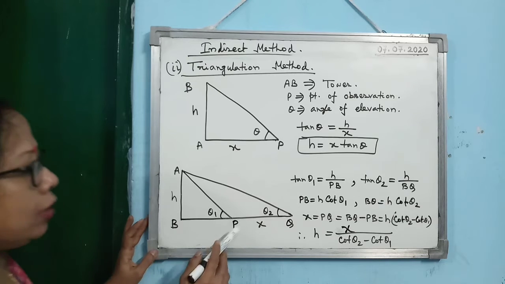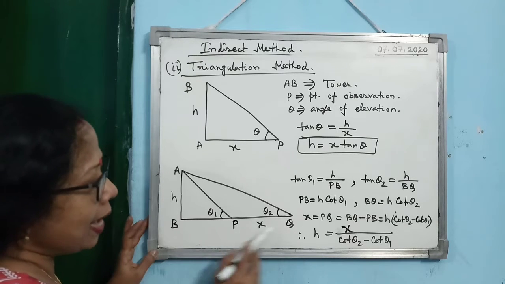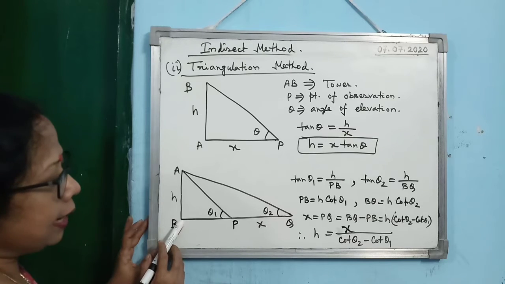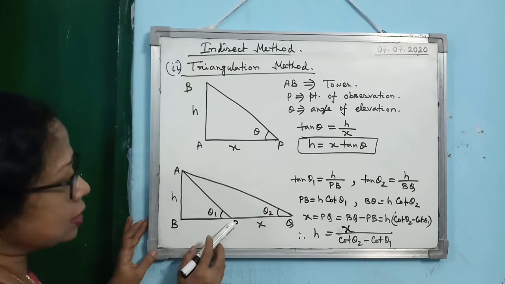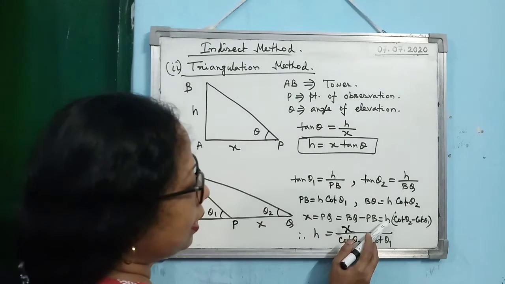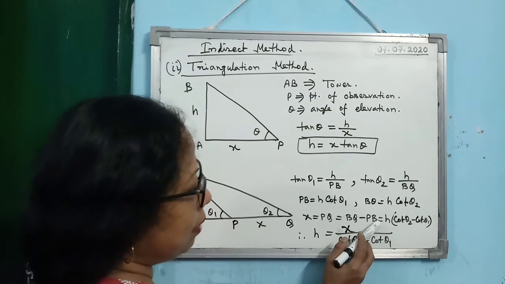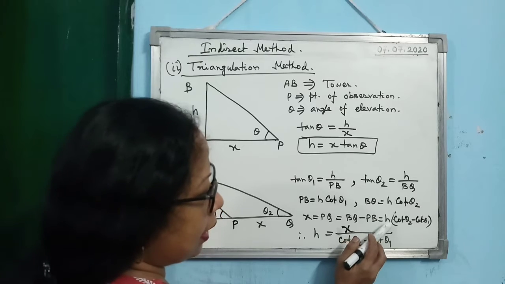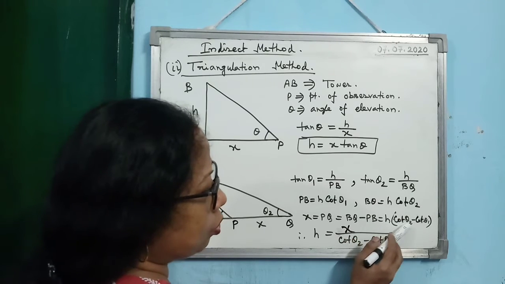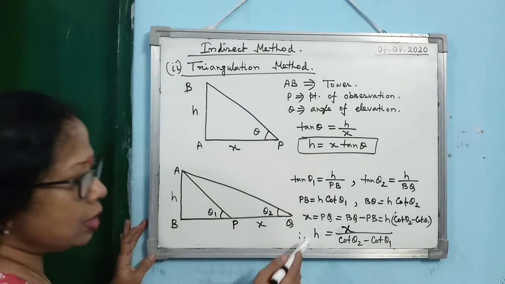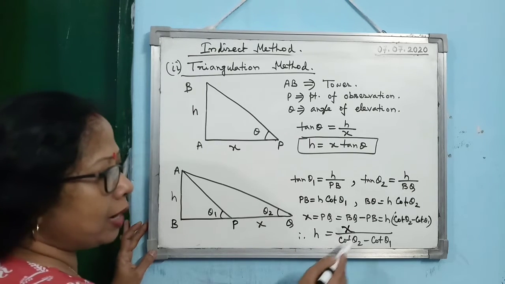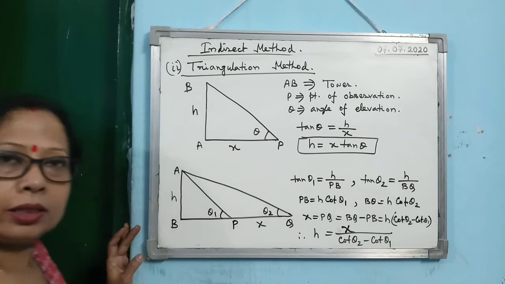Now we know what x is. x is equal to PQ, and PQ one can write as BQ minus PB. BQ is h cot theta 2, and PB is h cot theta 1. Taking h common, you can write it as h into cot theta 2 minus cot theta 1. So h, the height of the tower, is x divided by cot theta 2 minus cot theta 1.